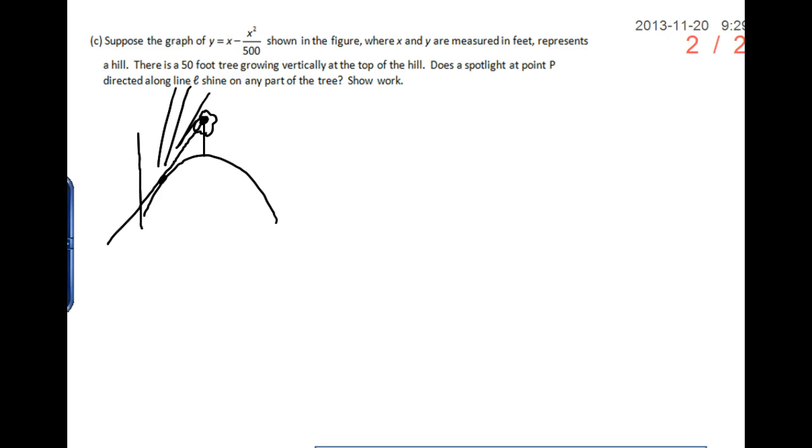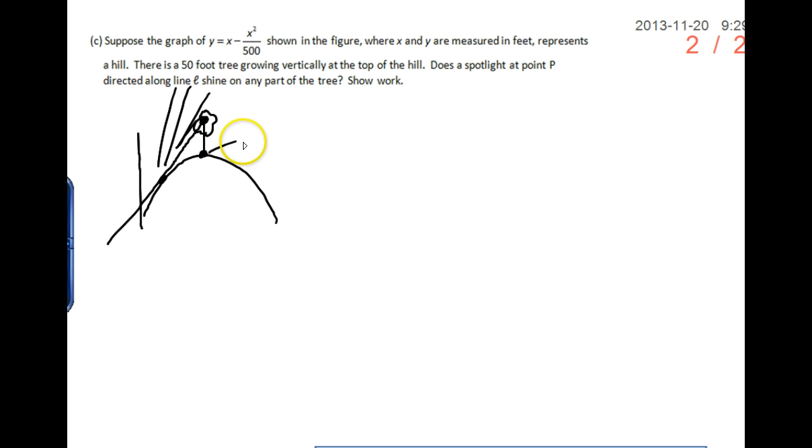So how would we answer this question? Well, it's basically just a linear approximation question. So we need to know the point at which we are at the top of the curve. How would we know that? Well, it's the vertex of this parabola, or in other words, it's when the derivative equals 0.